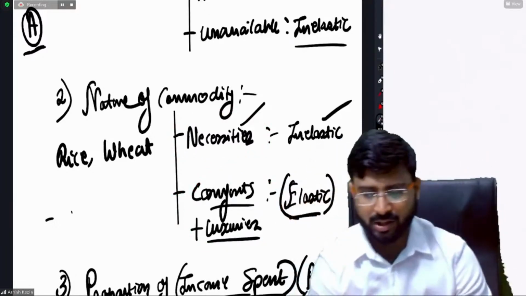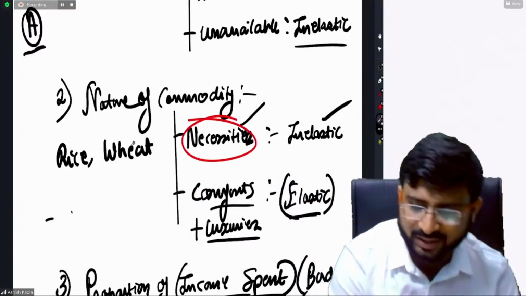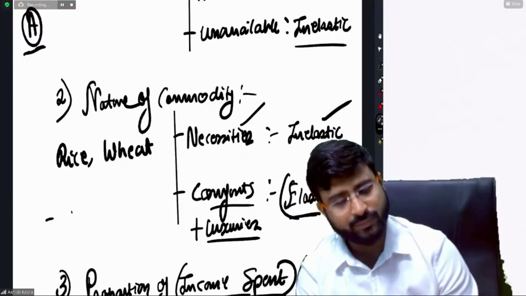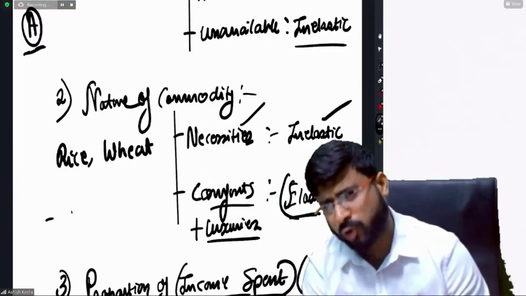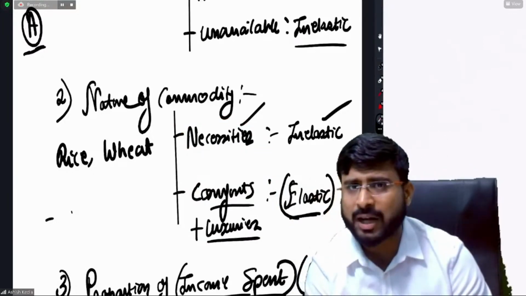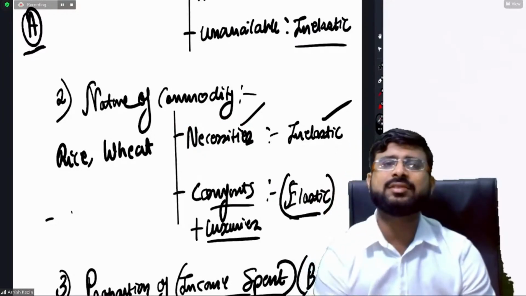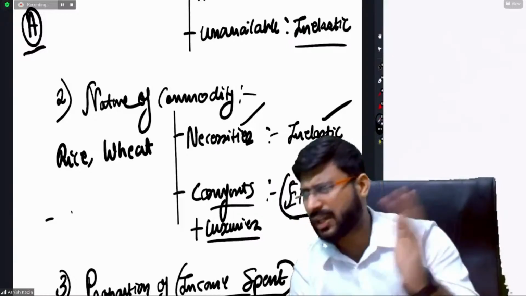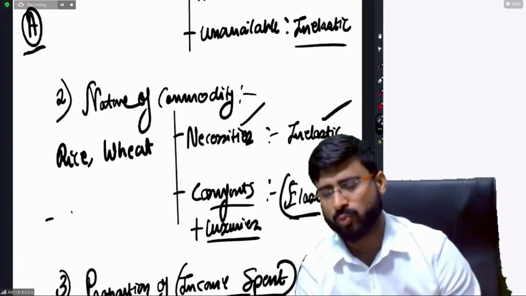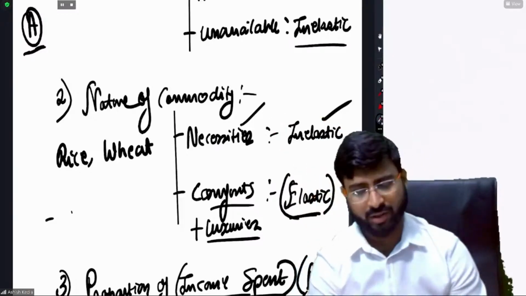Now, please pay attention. Suppose the commodity is a necessity. Do you think for a change in price you will be able to change demand much? No. If rice, atta, wheat, etc., their price rises, do you think I will reduce my consumption of the same? No. So demand will be inelastic for necessities.